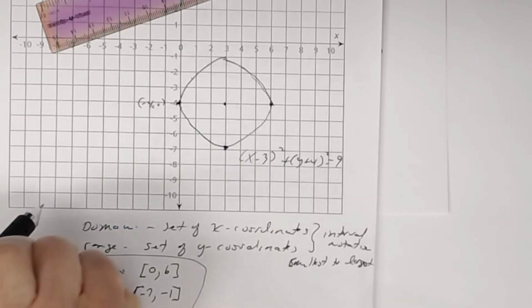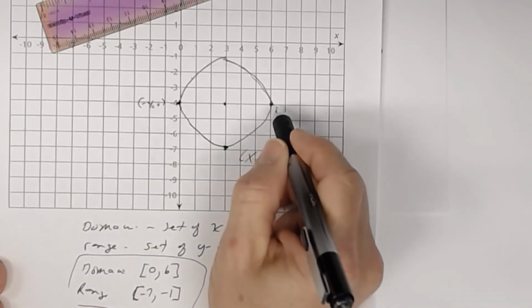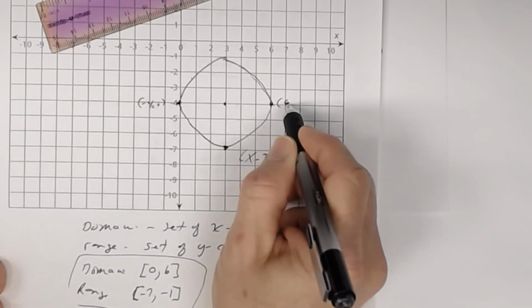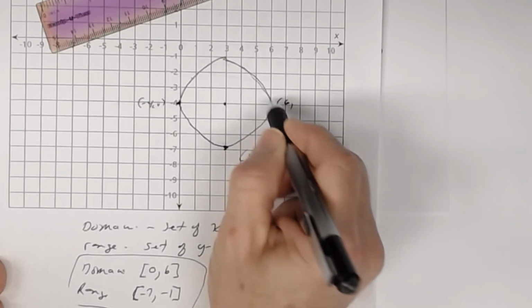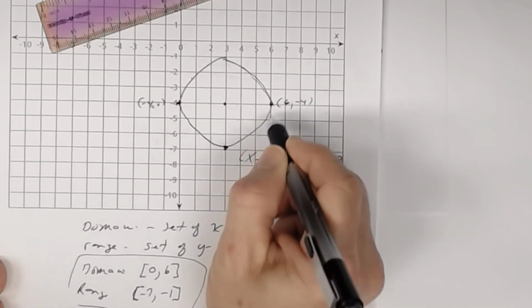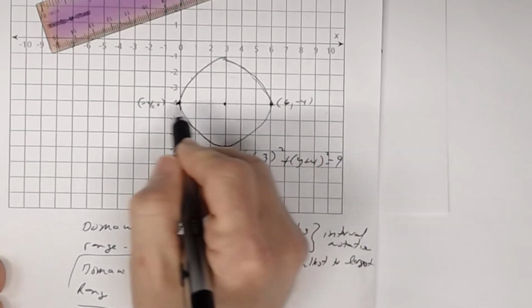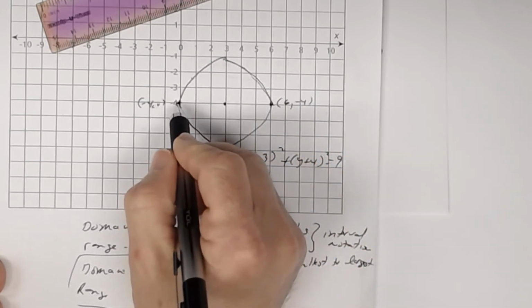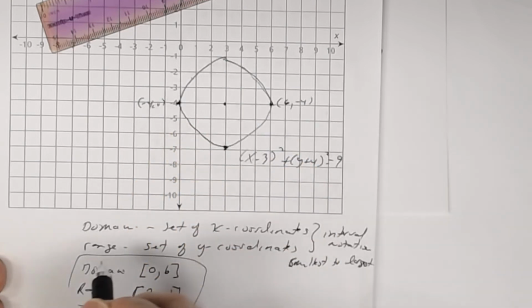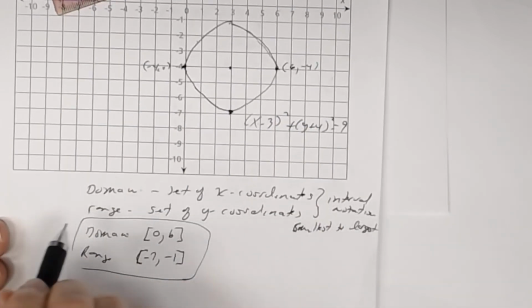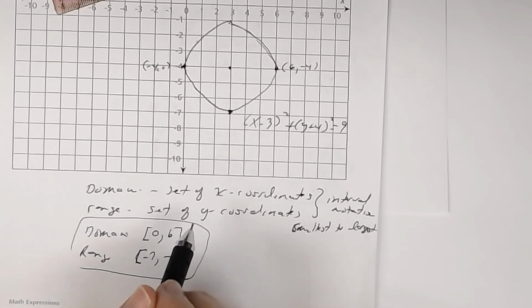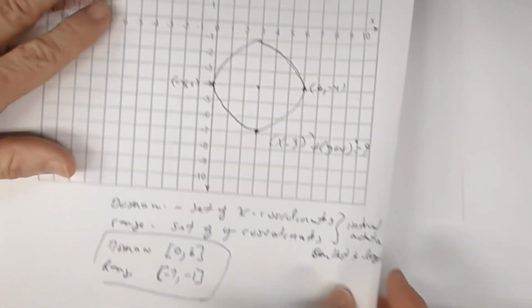So 0 is on this graph. 6, the x coordinate 6. This is 6, -4. 6 is on the graph. So that's why you use brackets here, because these coordinates are actually points on the graph. The open circle, when we do that later on, that's where it's not on the graph, and you can see what that means later.